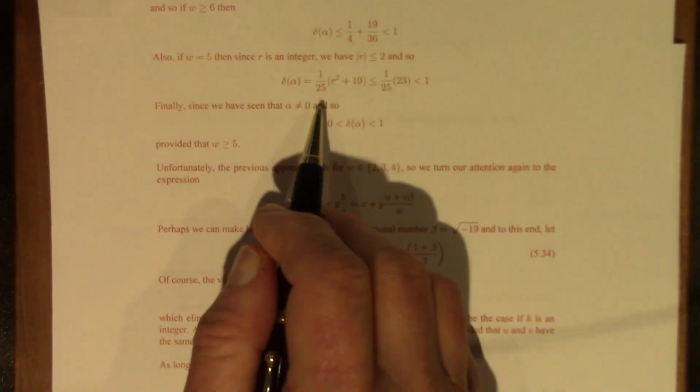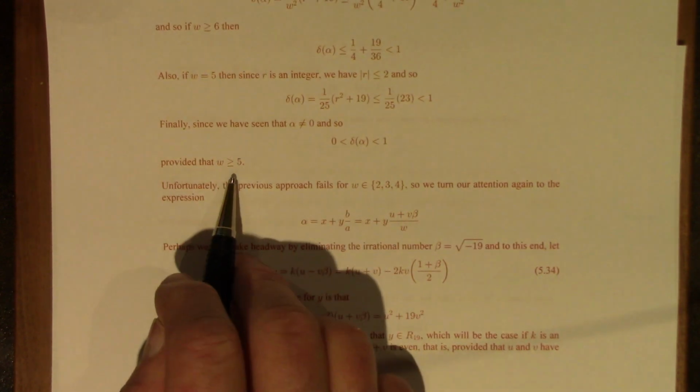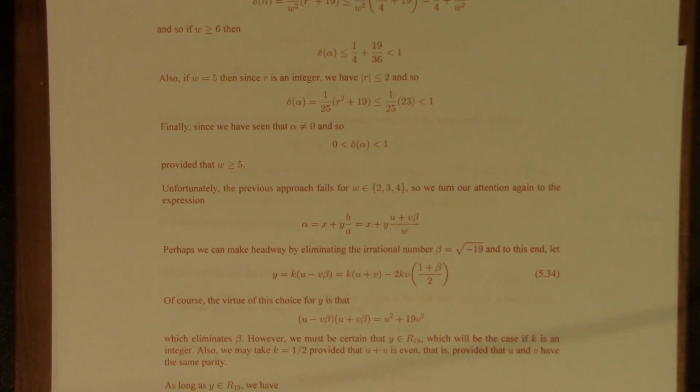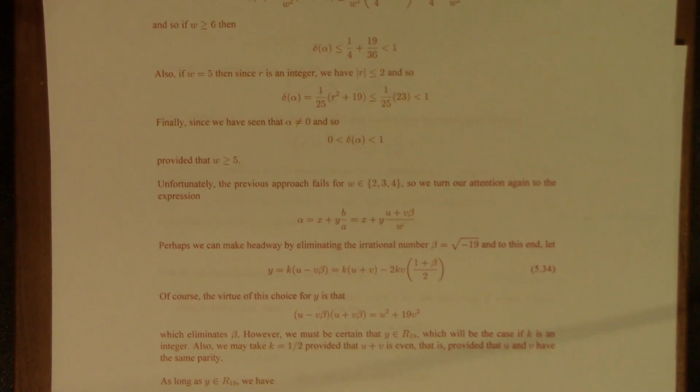Okay. When you get down to this point, you become frustrated. Well, it worked great for w bigger than or equal to 5. What do I do when w is 2, 3, or 4? Well, when you get stuck, you back up. And you move back step by step and say, is there something else I can do to improve the accuracy of my statements, my inequalities, or tweak the argument somehow?